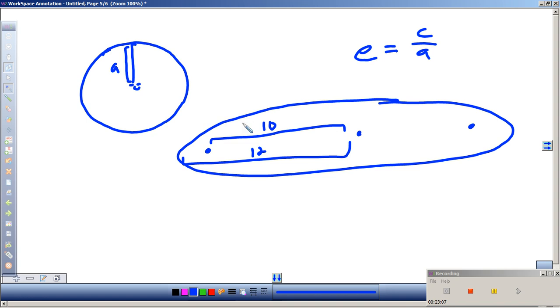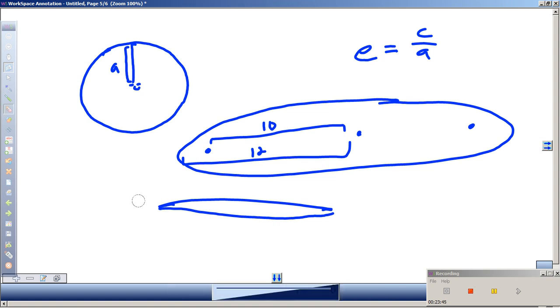If you get 0.999, you get an ellipse that looks something like this. It still follows the same rules, however, you can get very extreme. It could be vertical too. What's the eccentricity of the 10 and 12 one? So this one would be 10 divided by 12, so 0.87, or 0.8666, I think.